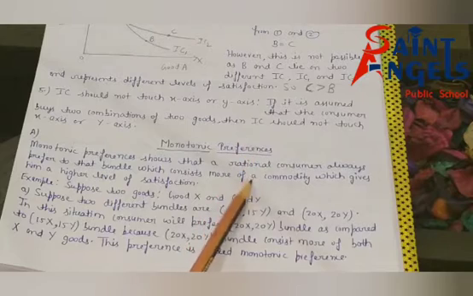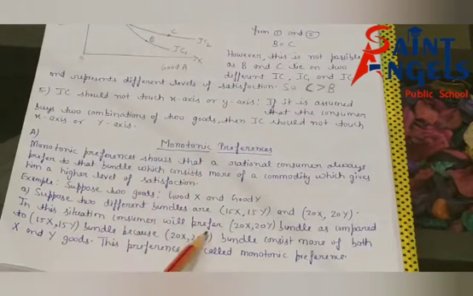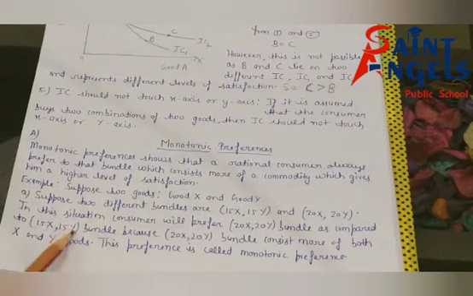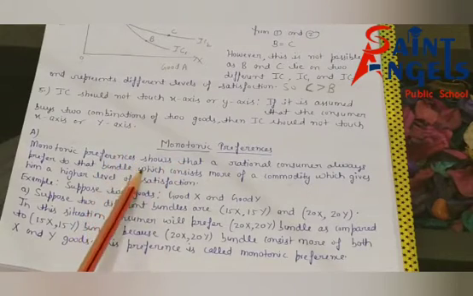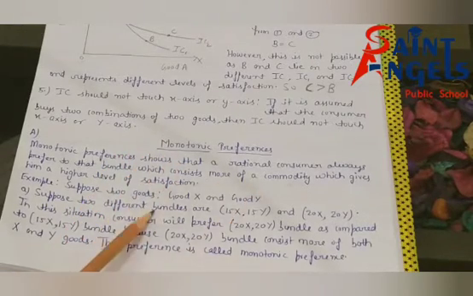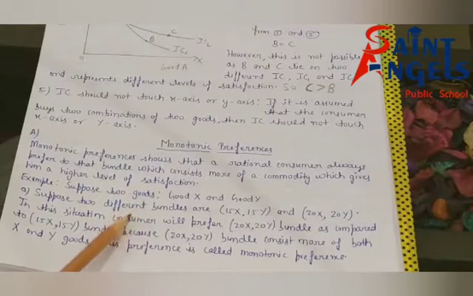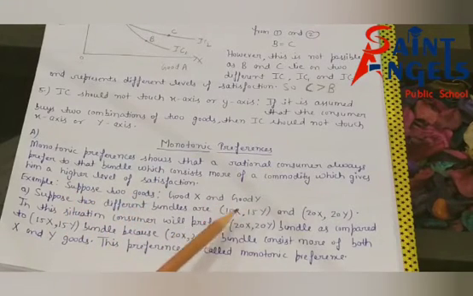Again, I am repeating. Monotonic preferences shows that a rational consumer always prefers that bundle which consists more of a commodity, which gives him a higher level of satisfaction. Now we are trying to understand this with the help of a numerical example. We have two bundles.